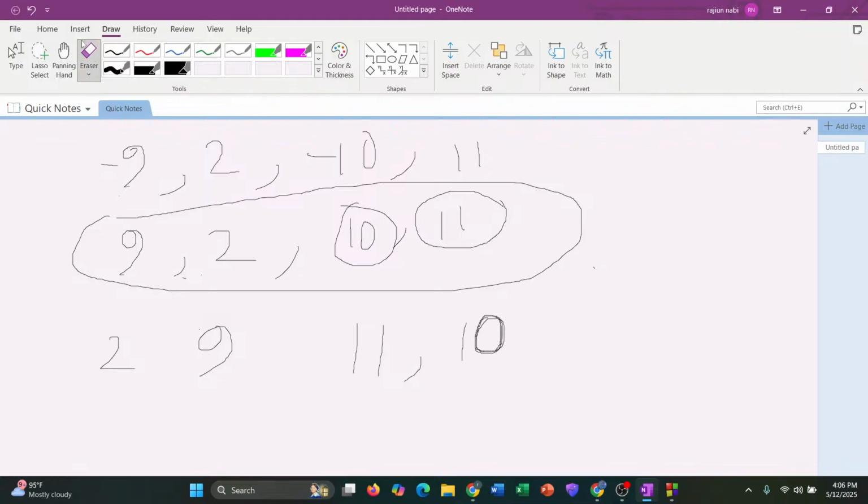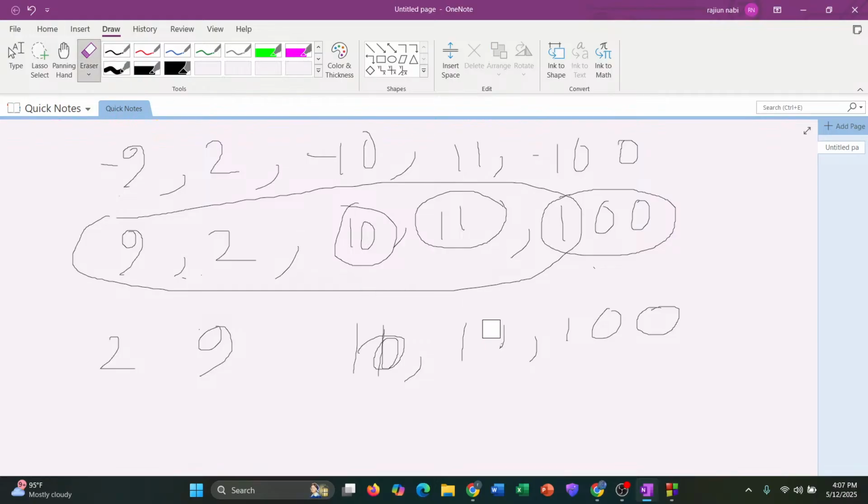If we take another element as an example, say -100, its absolute value is 100, which is also bigger than 9. If we sort this, it will go after 10 and 11.